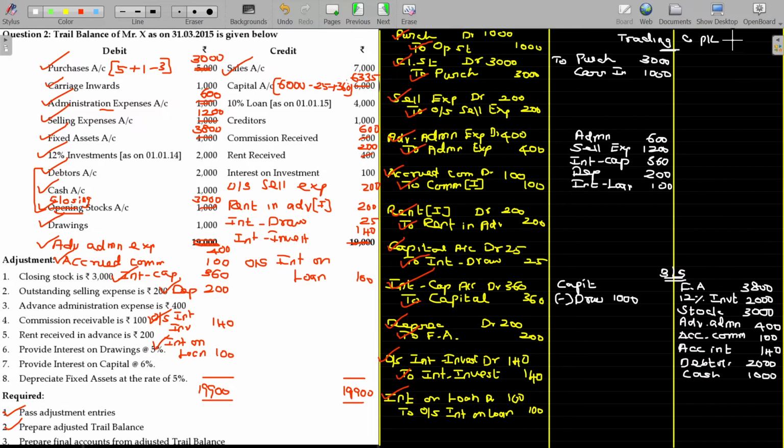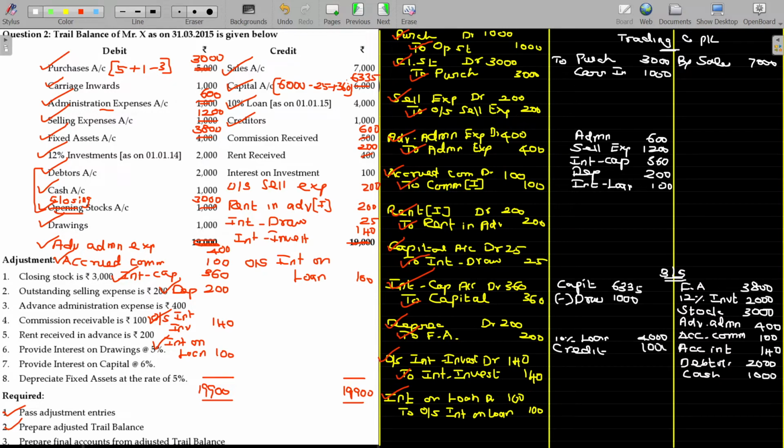Then credit side items. Sales, the value being 7000, and capital 6335. 10% loan, liability, the value being 4000, and then creditors 1000, liability side.